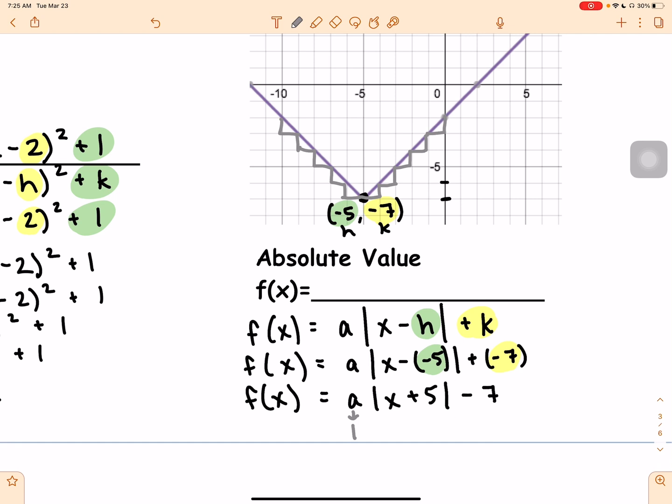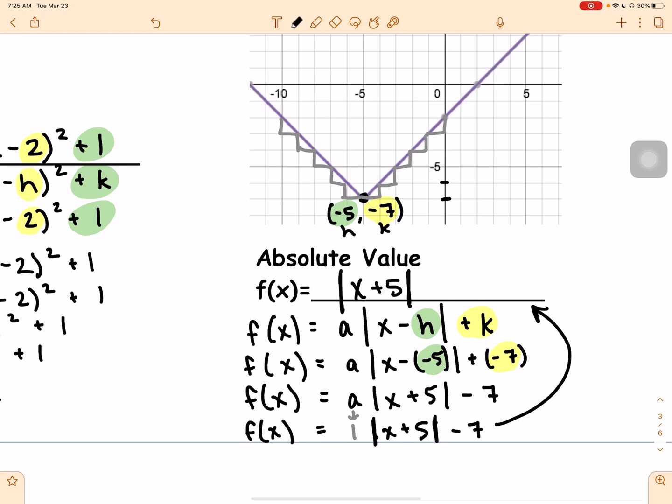So this would just be f of x equals 1 times the absolute value of x plus 5 minus 7, which we can rewrite without the 1: the absolute value of x plus 5 minus 7 would be this equation.